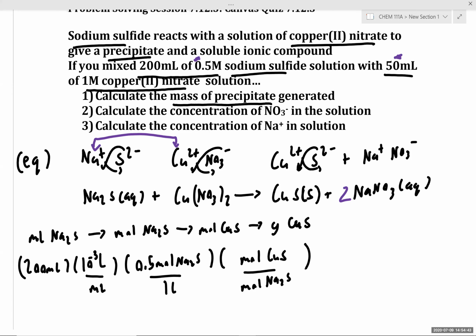One to one, exactly right. Now my question is, how many grams of copper sulfide do I have in 1 mole of copper sulfide?